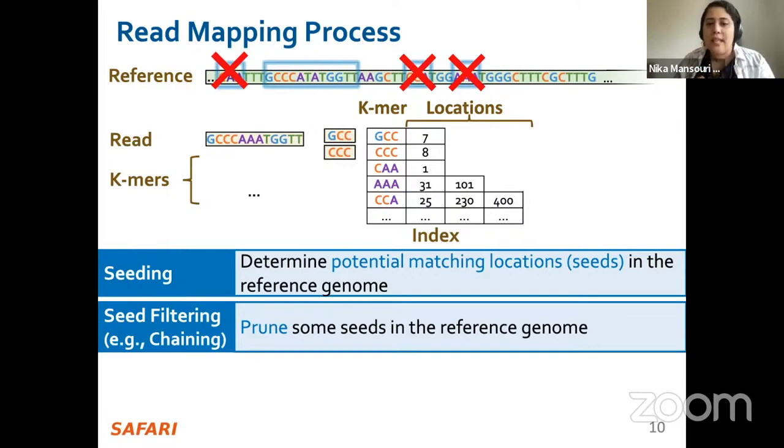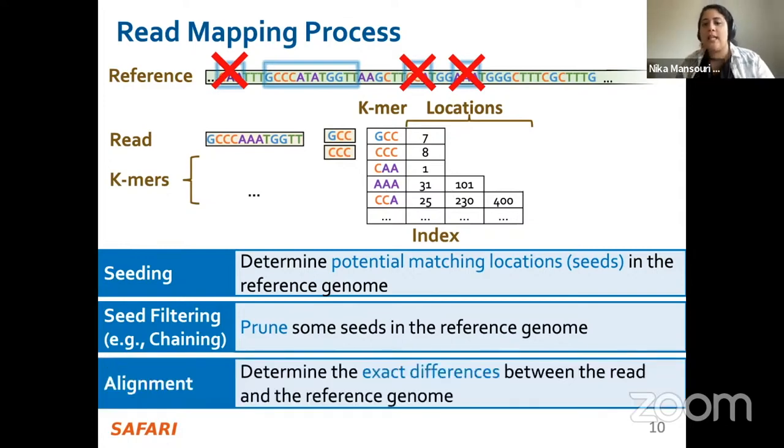At the end of this step, the reads that have all their locations filtered can skip the third stage, and the other reads go to the third stage, which is the costly alignment step. That one determines the exact differences between the read and the reference genome via that expensive approximate string matching that we talked about. So that was the high level of the typical steps that conventional read mappers use.